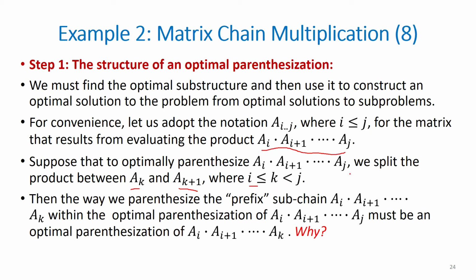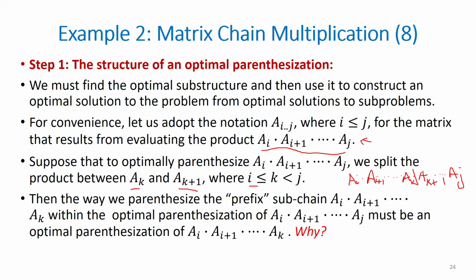So this means that now our subchain Ai..j, which was denoted over here, has been split into two, where we have Ai times Ai+1 times ... times some Ak times some Ak+1 times ... times Aj. So the split happens over here.